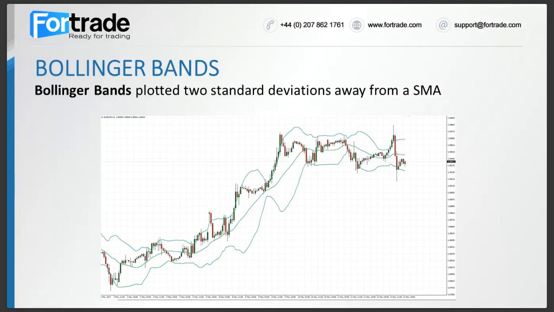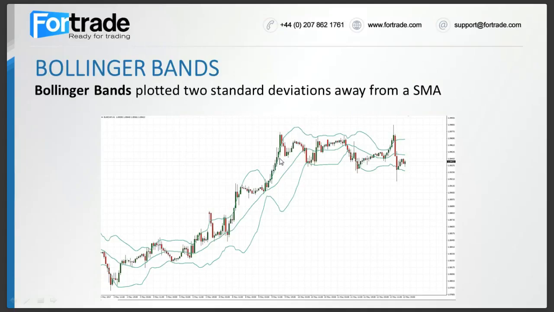Now, the important part is that because standard deviation is a measure of volatility, Bollinger Bands adjust themselves to current market conditions. When the market becomes more volatile, the bands widen, like here, and they move further away from each other.